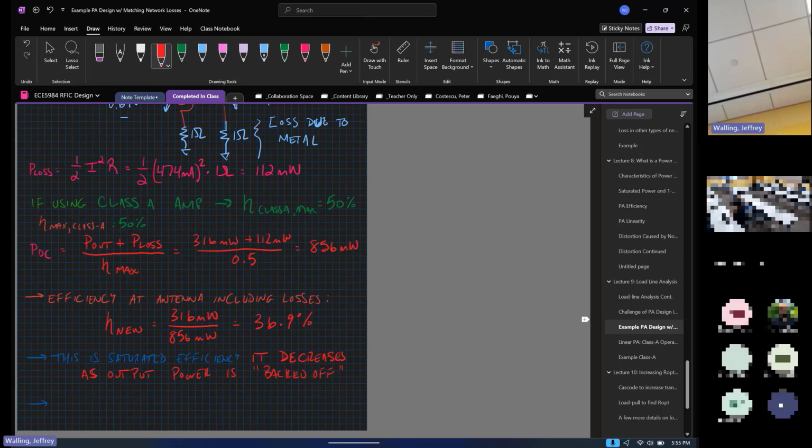So as we start to decrease the power in an amplifier, they call it back off. You're backing off from saturated power. So you'll see that term sometimes, back off power. All right, the key takeaway here is, and we still haven't, by the way, included current division yet. This is just matching network losses.